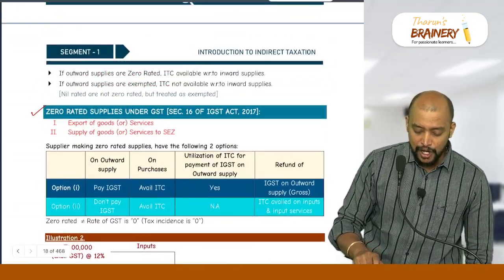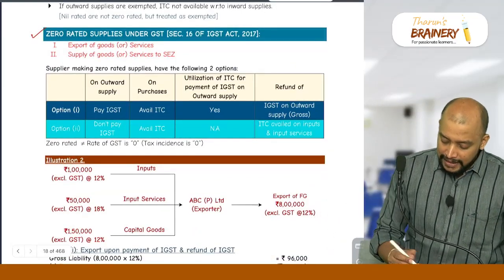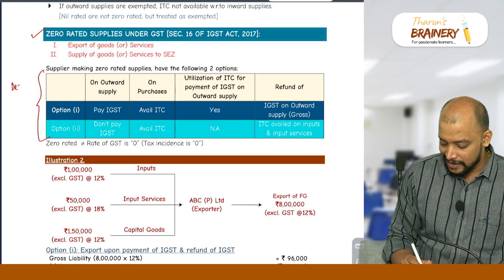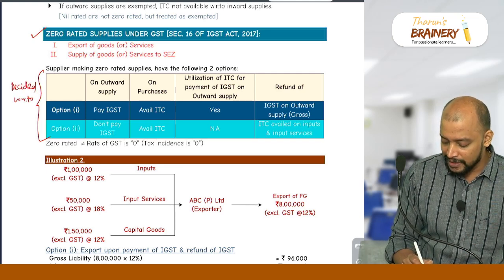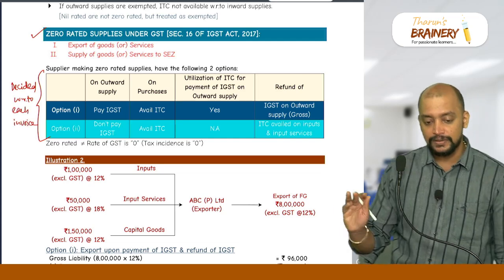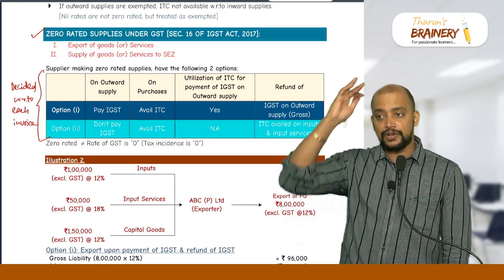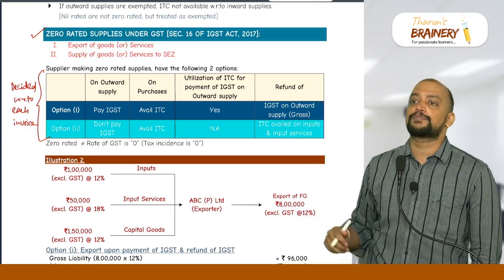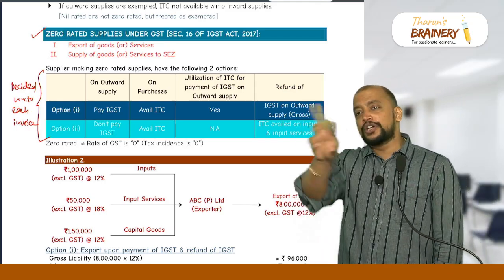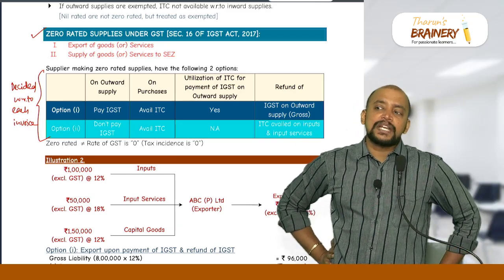And this option 1, option 2 is decided with respect to each invoice. We can choose whether we need to follow option 1 or option 2 with respect to each invoice. In option 2 also the burden will become 0.